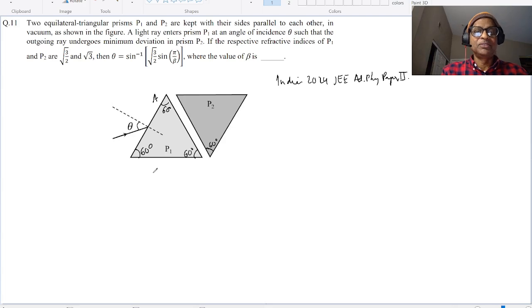Let's just draw it out. This is the original direction, then it's going to go a little bit inward.